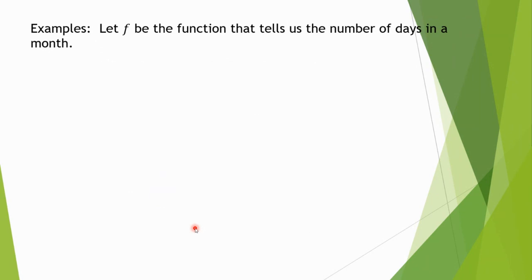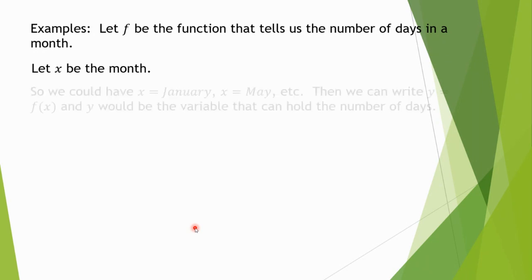Okay, so let's consider some examples. Again, in math, you're not really going to learn much unless you do examples. Not just you guys, but anyone, including me. So for instance, let f be a function that's telling us how many days there are in each month. To establish some notation, I'm going to let x be the independent variable. So x is going to be the month, January, February, whatever. And your output would be the number of days in the month.